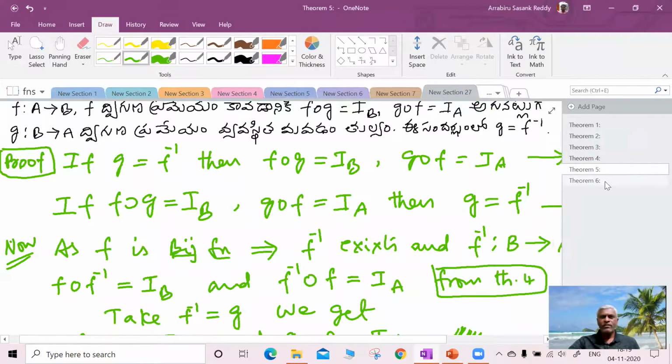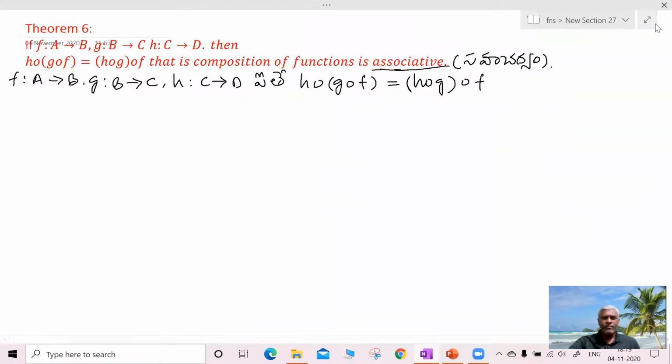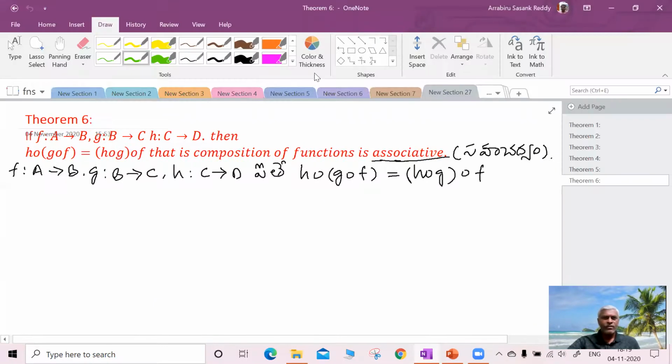Now let us prove one more important theorem in the chapter.